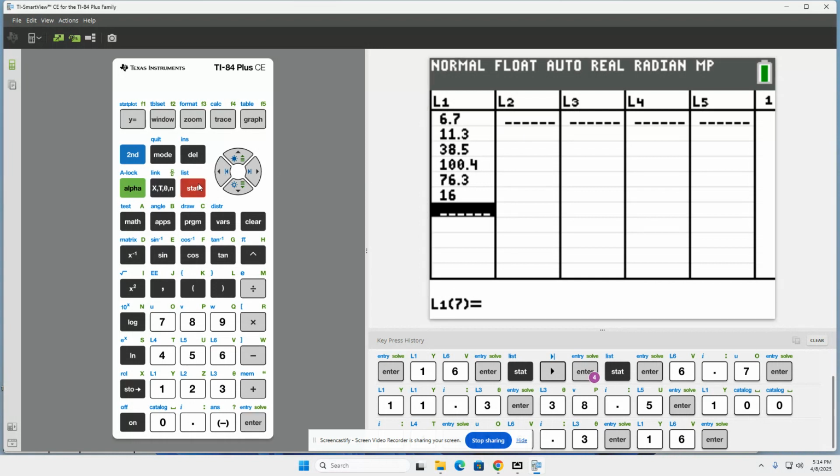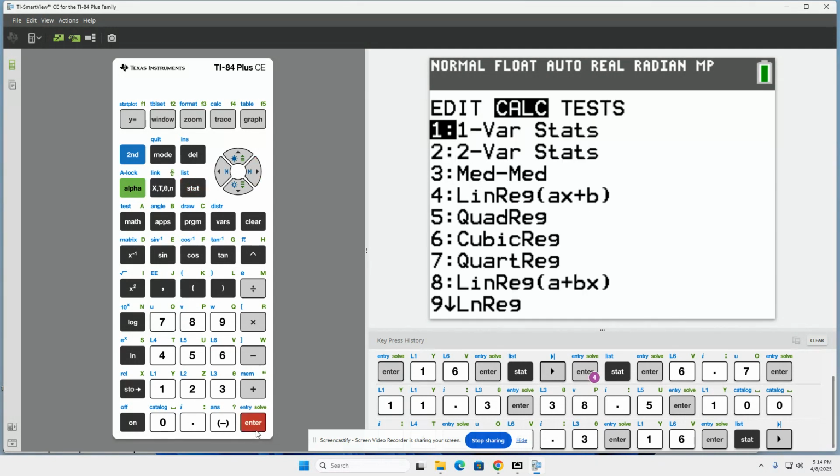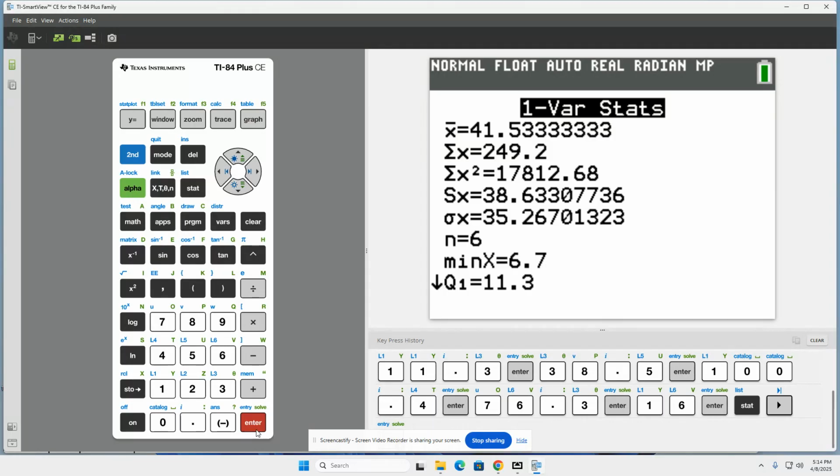listed. I'm going to go back to stat, calculate, we're going to run a one variable statistics, and our X bar here is 41 point, and since the value it gives us is 2 decimals, 4.79, I'm personally going to go ahead and round to 2 decimals, so 41.53.